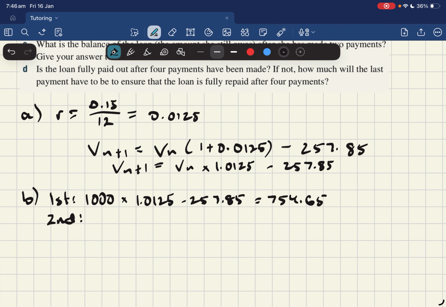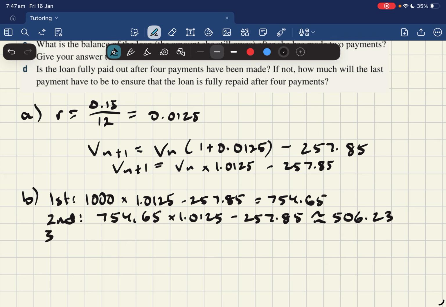So for the second, it's going to be 754.65 times 1.0125 minus 257.85. This gives us approximately, to 2 decimal places, $506.23.